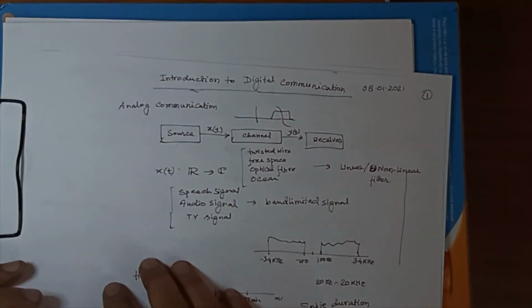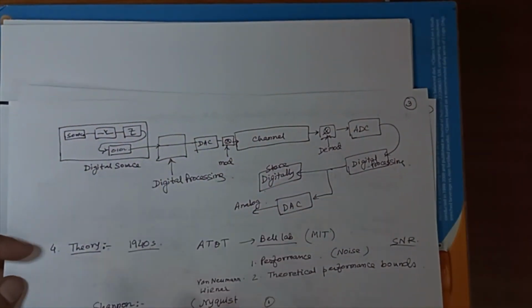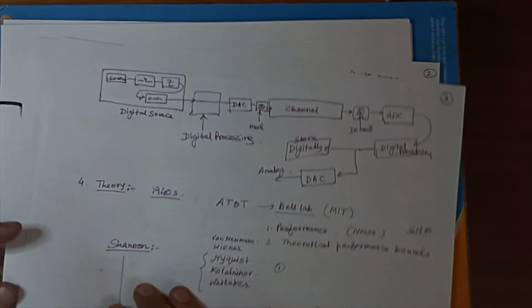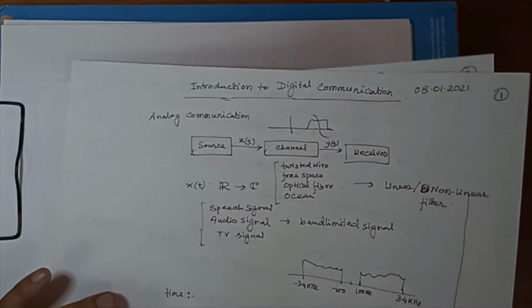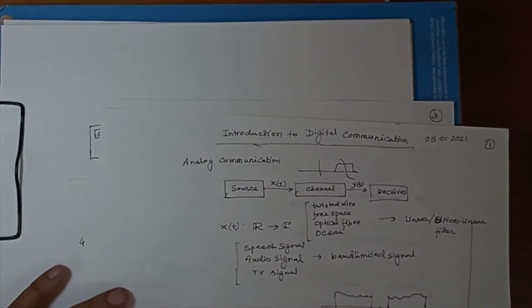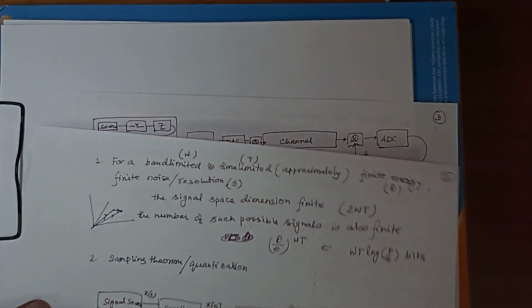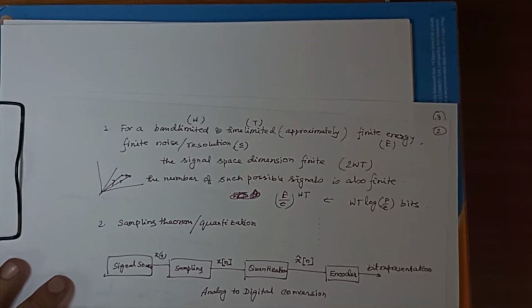When I am doing the random process model of the digital communication system, I will need the Fourier analysis over there as well, the Wiener-Khinchin theorem and everything. So please be confident about the Fourier analysis.